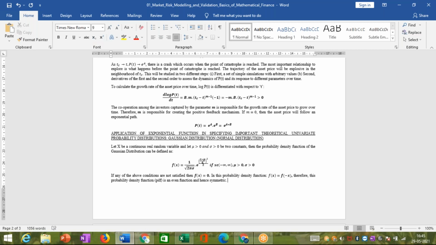So this is broadly what the function is. This is the normal distribution.